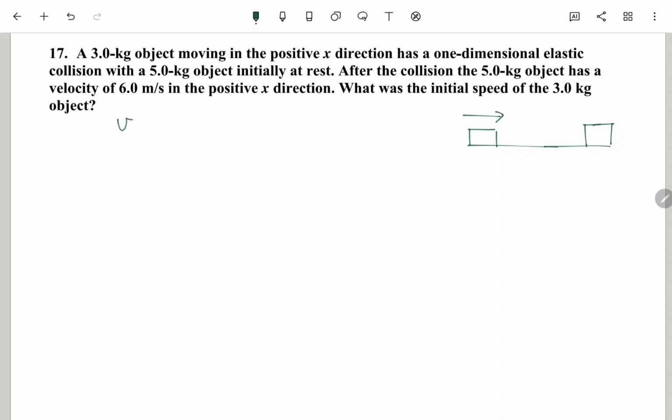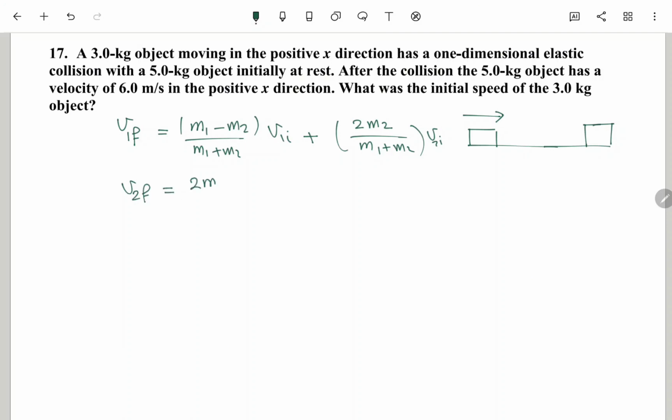So V1 final equals (m1 minus m2) divided by (m1 plus m2) times V1 initial plus 2m2 over (m1 plus m2) times V2 initial, and V2 final, the final velocity for the second object, is 2m1 over (m1 plus m2) times V1 initial plus (m2 minus m1) over (m1 plus m2) times V2 initial.